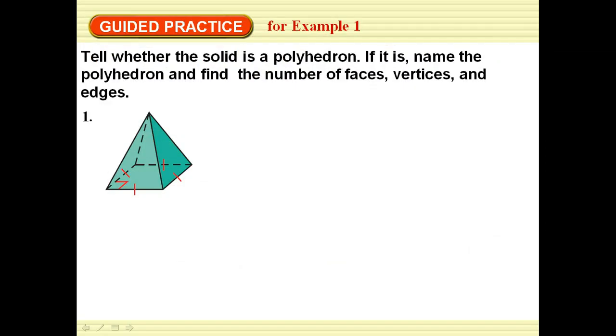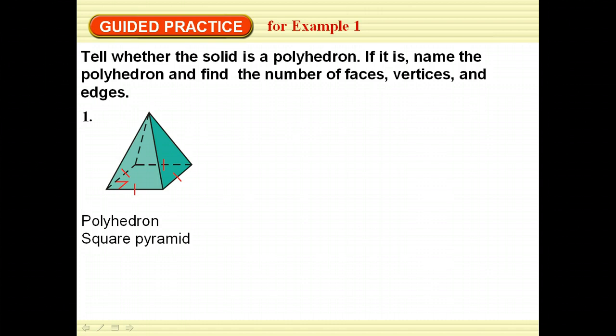Tell whether it's a polyhedron. If it is, name the polyhedron and find the number of faces, vertices, and edges. Okay, first thing I do is I look at the base. I see the base is a square. I see that it comes to a point at the top, so it is a square pyramid. So it is a polyhedron, and it is a square pyramid. So now I need the number of faces.